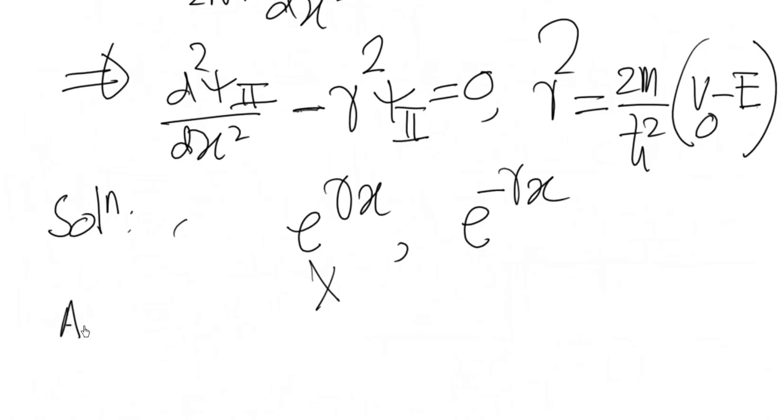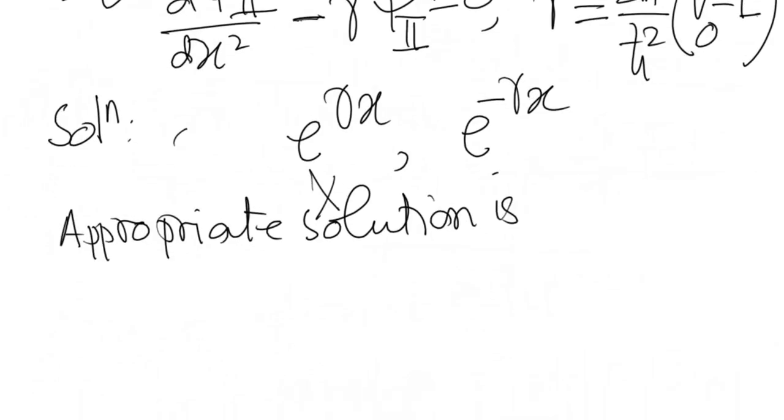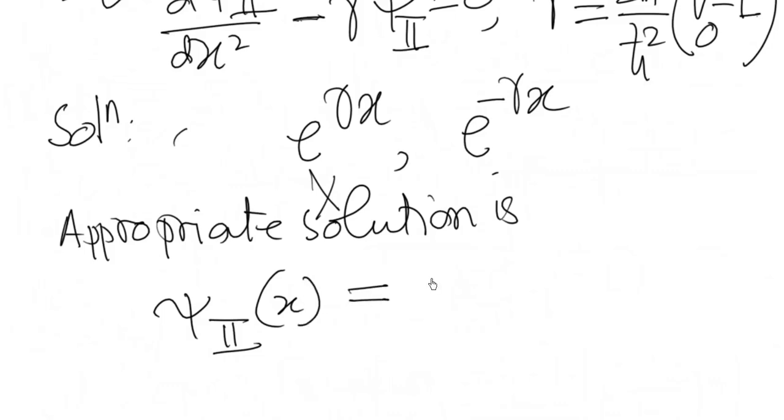So the appropriate solution is the second one, and so we write psi2 of x equal to G e to the power minus gamma x. So it is an exponentially decaying wave.